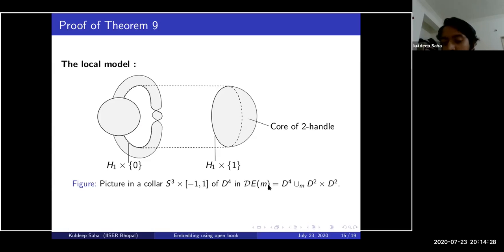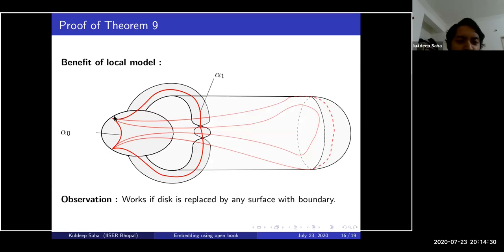If you start with this arc alpha naught inside the disk, you can isotope this arc along the cylinder, take it over the core disk of your two handle, and land it on the arc alpha 1. Note that alpha naught has a standard boundary neighborhood, but here we can isotope it to another curve which has a twisted neighborhood that looks like a Hopf annulus neighborhood.